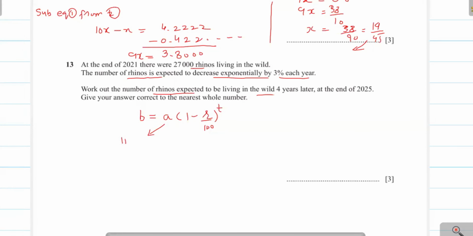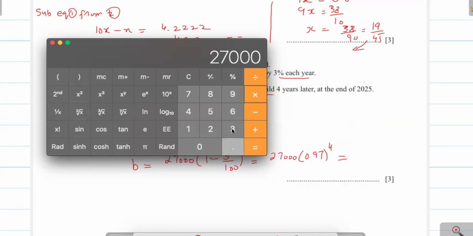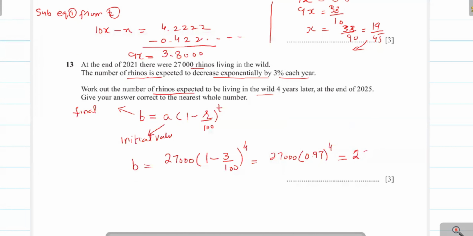And this value will be equal to 27,000 multiplied by 0.97 to the power 4, and this will be equal to 23,902.9, and we can write this as 23,903. This is the answer.